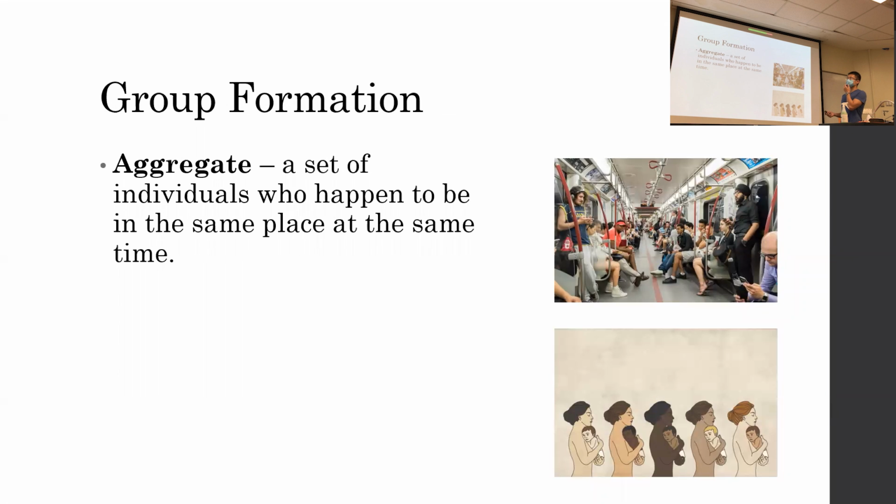An aggregate is a set of individuals who happen to be in the same place at the same time, something like people in the subway or people waiting at the bus stop. That will be an aggregate.